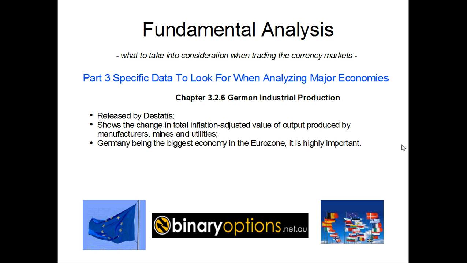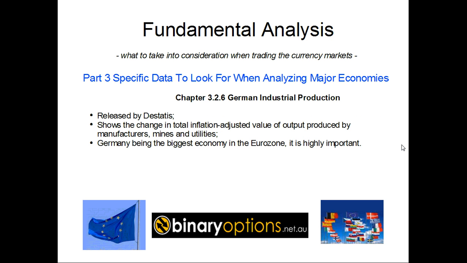So again, in order to understand completely what the German industrial production means, it shows the change in total inflation adjusted value of output produced by manufacturers, mines, and utilities, and it is released by Destatis. So again, Germany being the biggest economy in the Eurozone, it is highly important what is happening in that area.